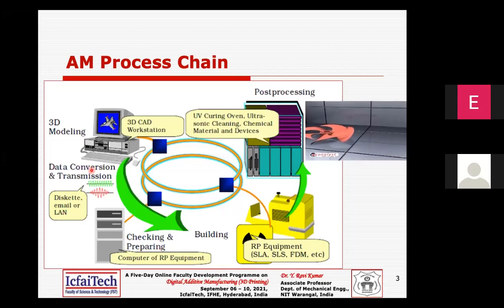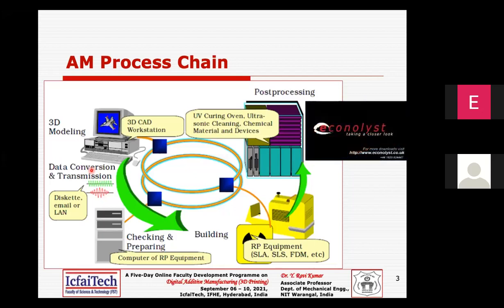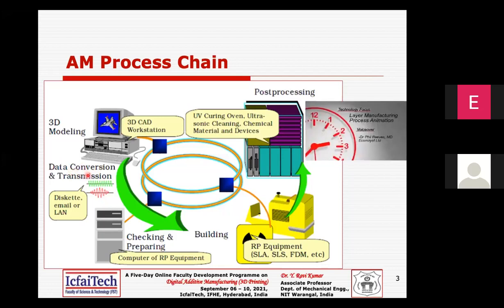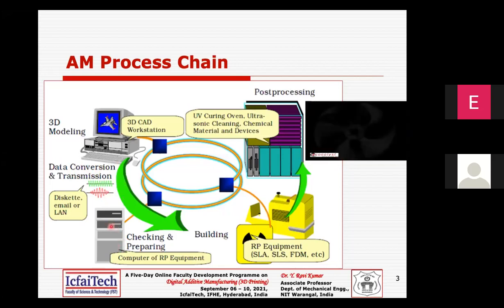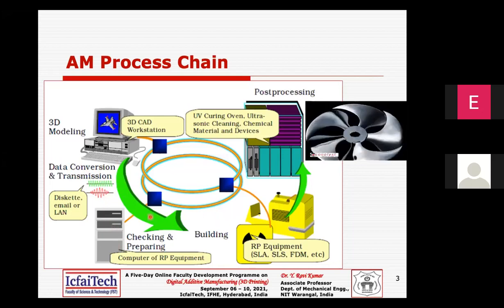Still, STL is the de facto standard in the AM industry, and it is transmitted through a network to where you have an additive manufacturing machine facility, which is connected with interfacing software.